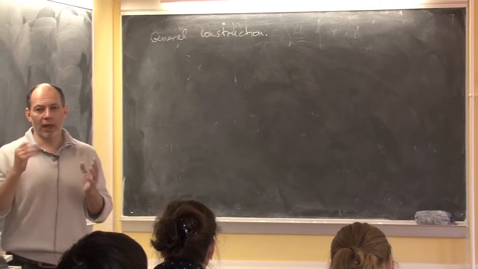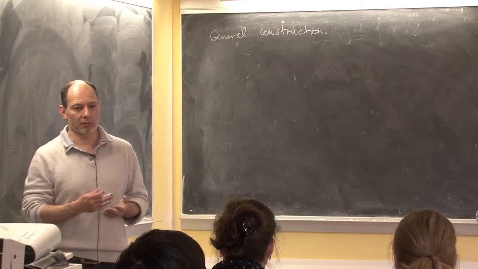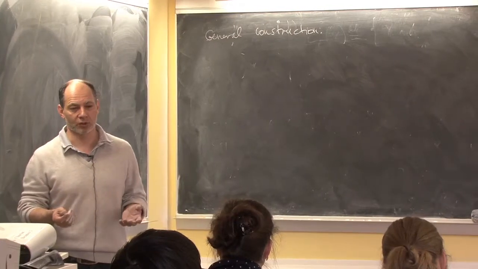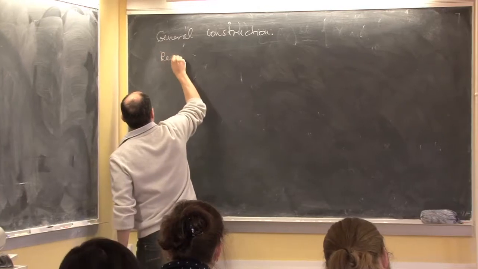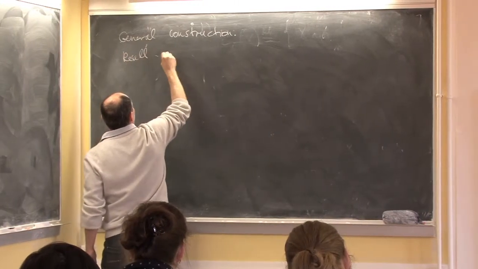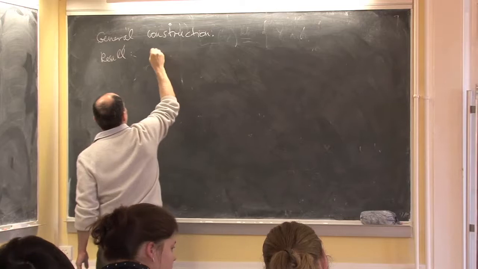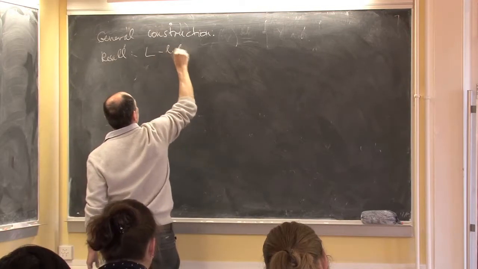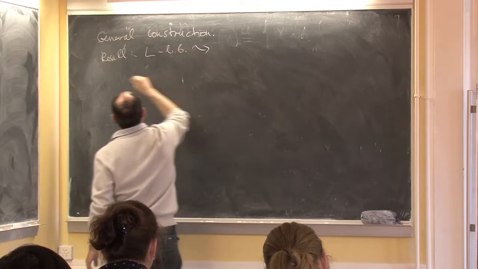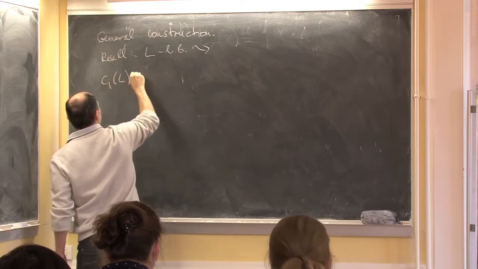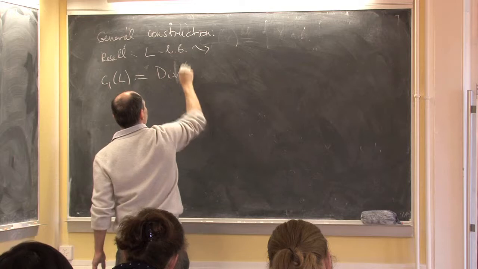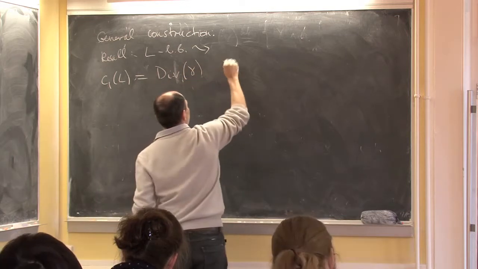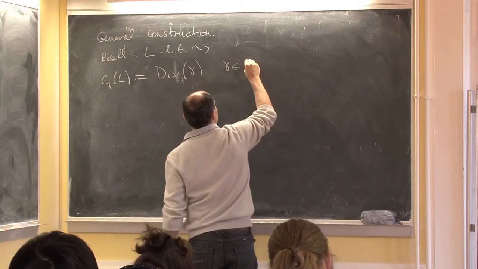You remember, for the line bundles, we know how to solve this problem because we could do rational sections. So recall that if L is a line bundle, then we knew how to define c1 of L: it is just the divisor of gamma, where gamma is a rational section.